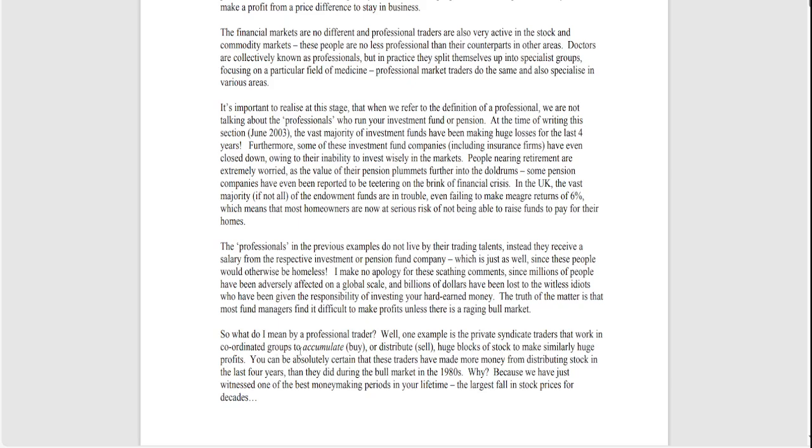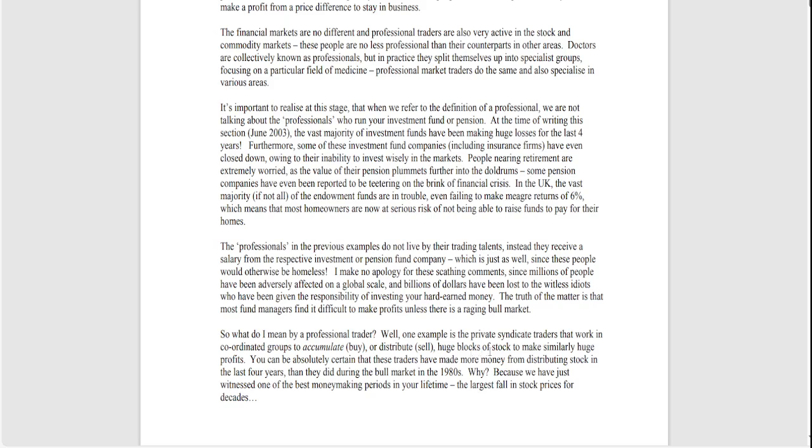Professionals are those players who have a large amount of money and a large balance, and they work in groups. They accumulate stock at certain prices and distribute stock at certain prices, with huge blocks, huge lots or contracts.